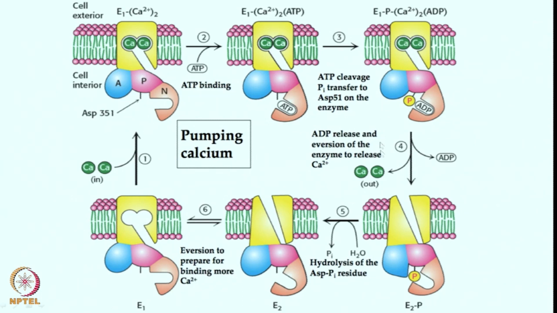It is almost a catalytic cycle, and calcium is pumped from inside the cell to the outside of the cell by this ATP driven process. You can read more from the book, but this sort of pumping out of calcium is quite important for the physiological function.